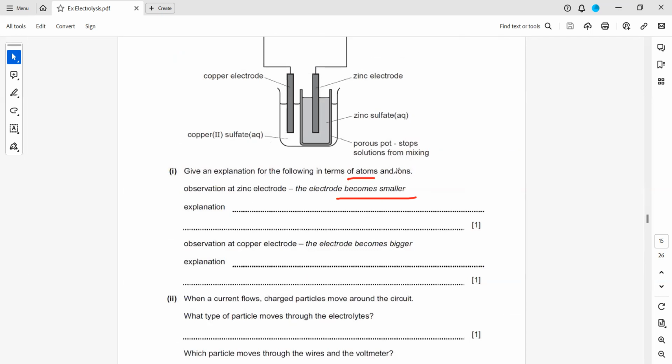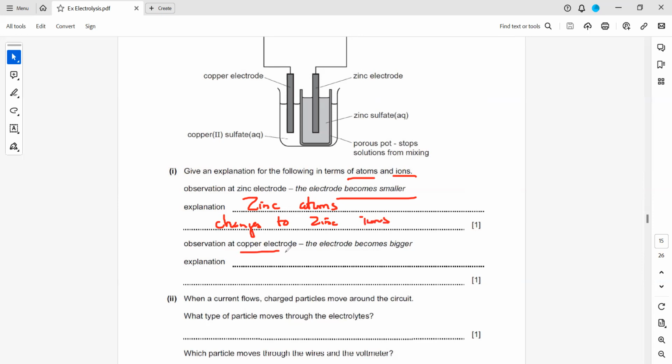We have to explain in terms of atoms and ions, so we mention that the zinc atoms change to zinc ions. That's why the electrode becomes smaller.